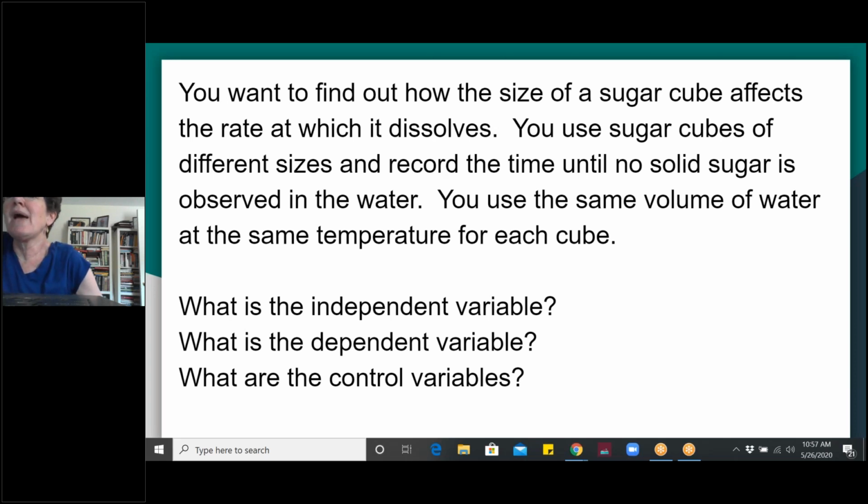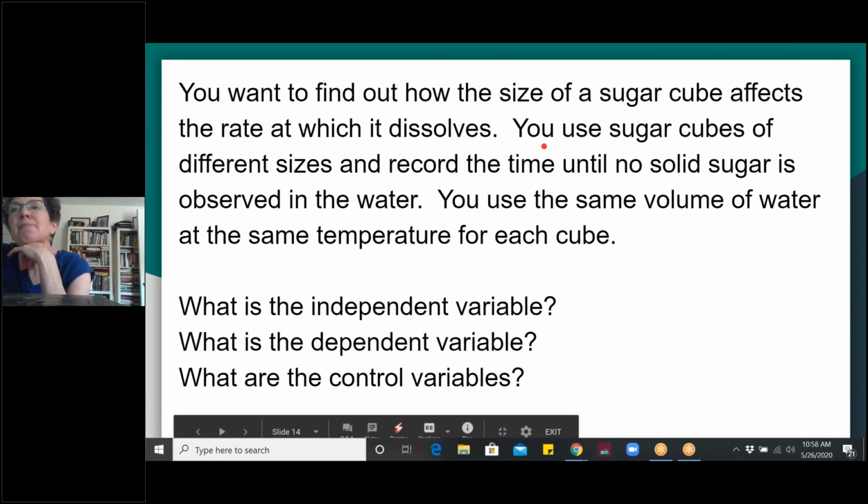We're observing and measuring the rate at which it dissolves. What is it that we changed in this situation? The time, the rate. Nope, that is what depended on something that we controlled. As the experimenters, what did we choose to do?